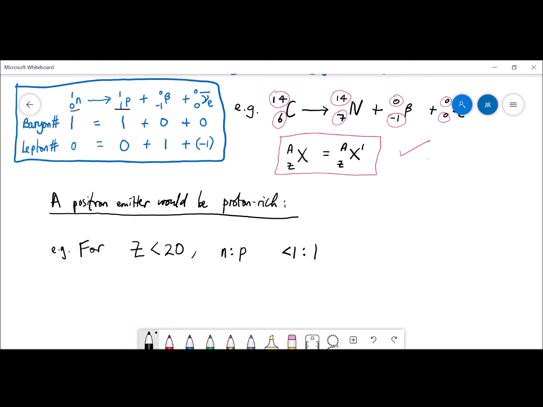So any number less than 1 to 1, that's how you would know it would be neutron deficient or proton rich. And that's how you know it's a positron emitter.